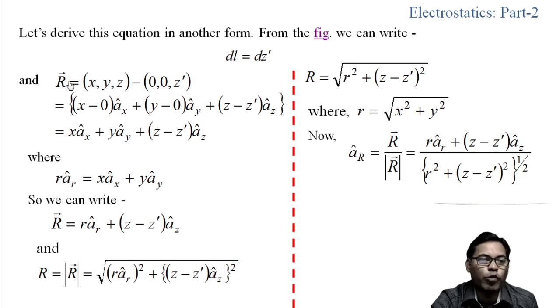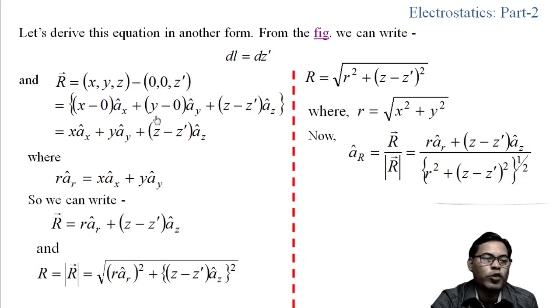Now we can calculate the R vector. R vector is the distance vector from the position where we want to find the electric field intensity, that is x, y, z, to the position of the dl point on the z axis, that is 0, 0, z prime.